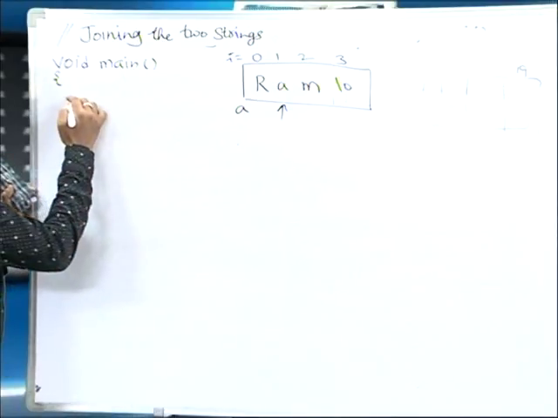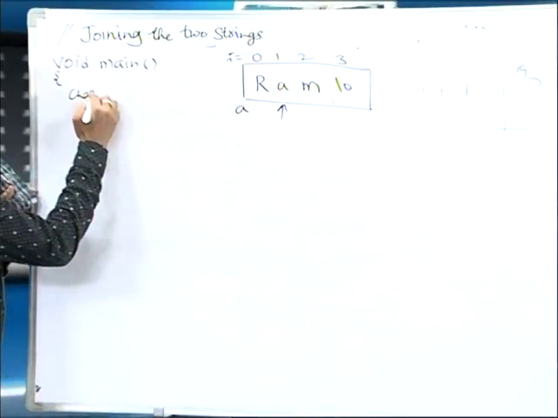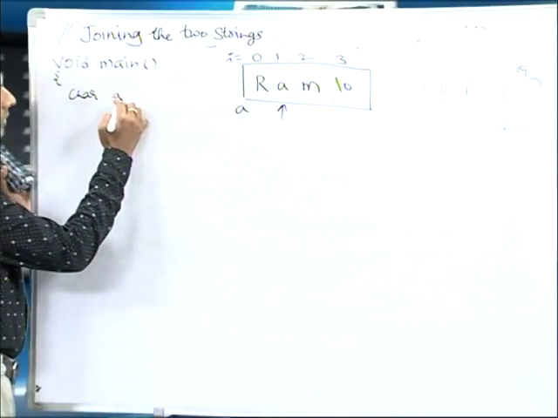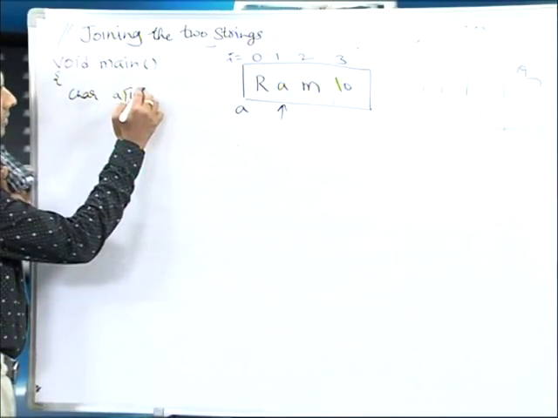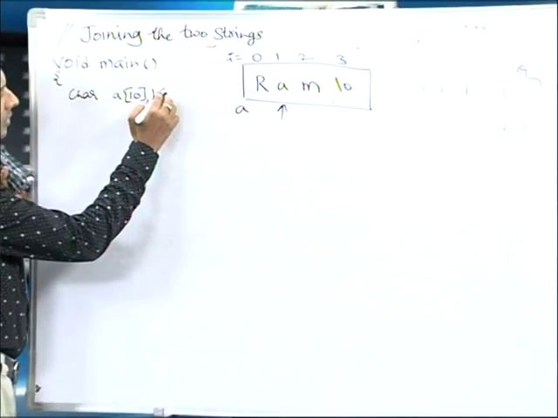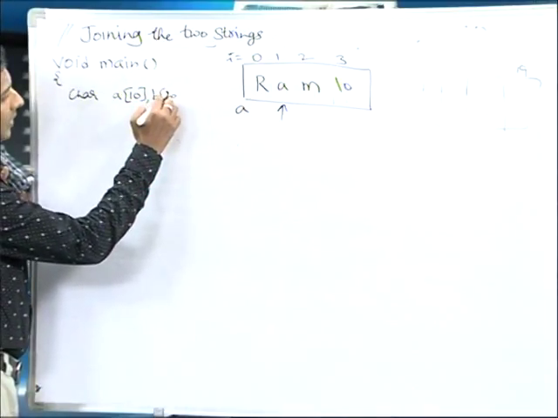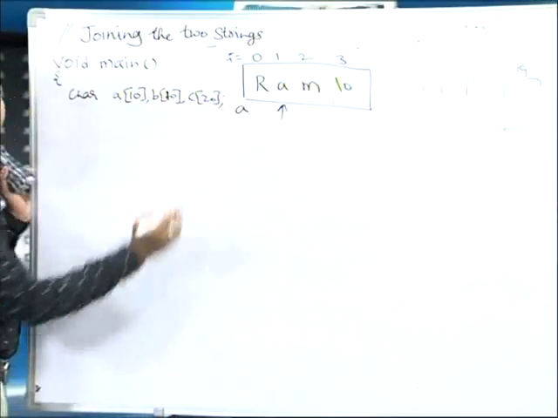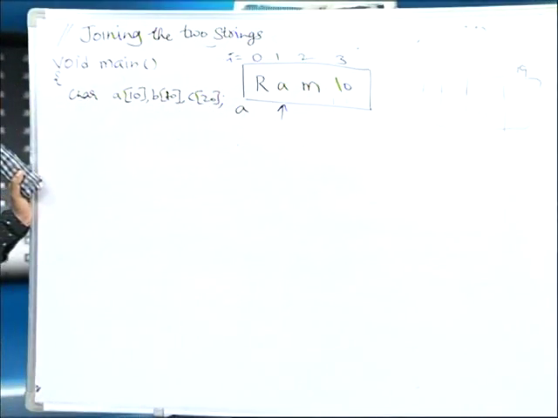First, char A 10, B 20, C 20. Create 3 arrays of size 10, 10, 20.